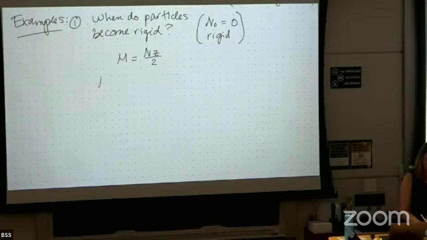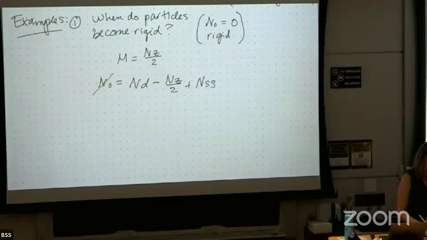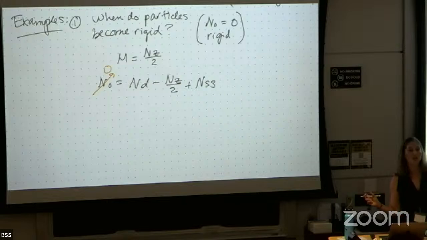Okay, and then I'm just going to use my formula. N0 is ND minus NZ over 2 plus NSS. Okay, and so I want this to be 0 when it becomes rigid. The key thing is that states of self-stress in general occur when I have tension on bonds.